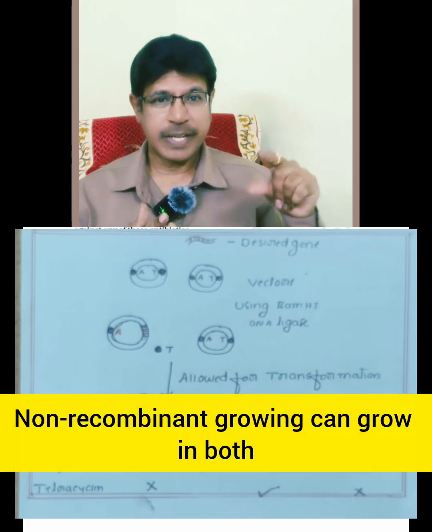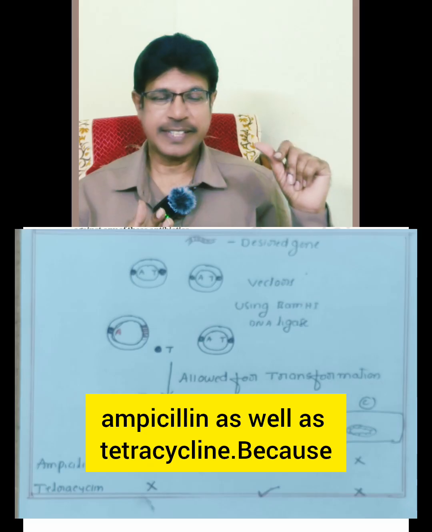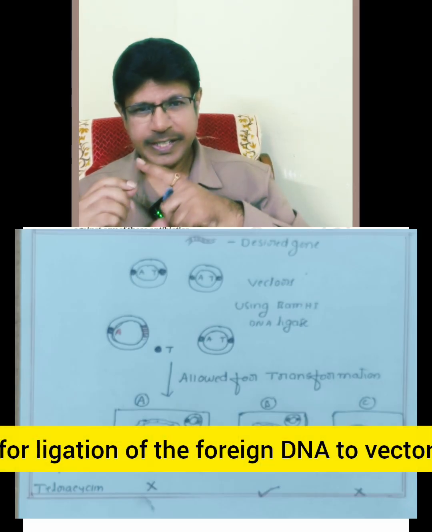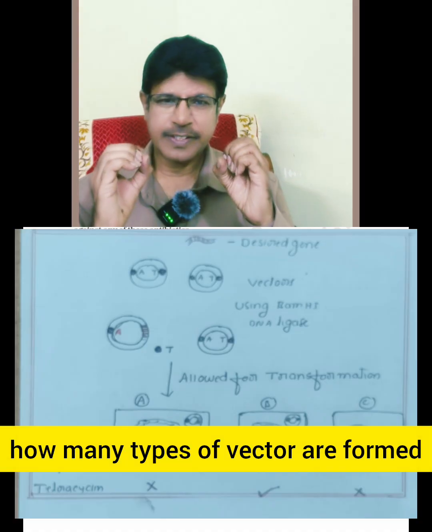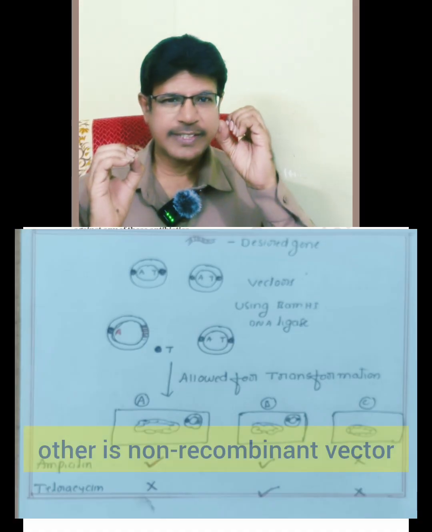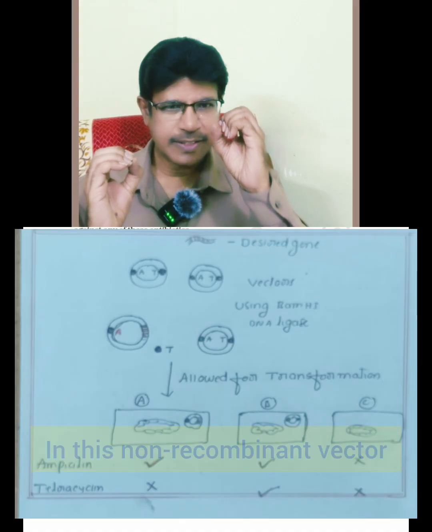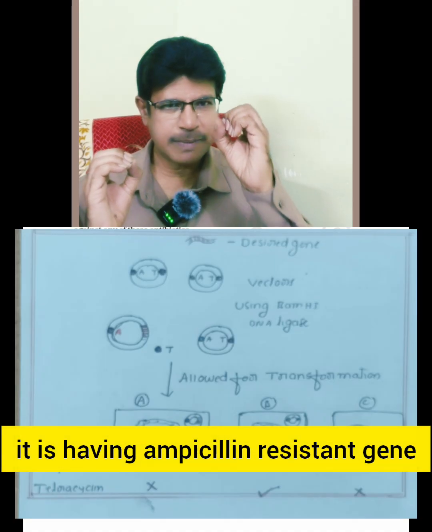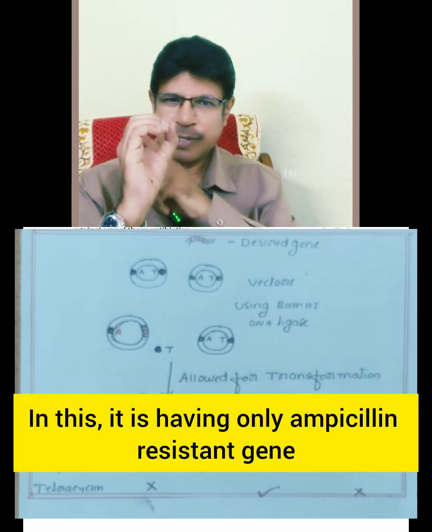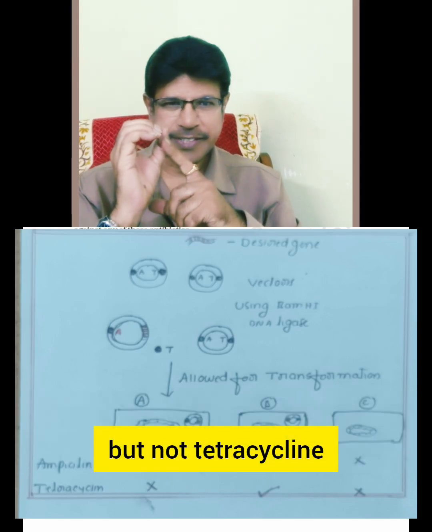Non-recombinant can grow in both ampicillin as well as tetracycline, because for ligation of the foreign DNA and vector, how many types of vector are formed? Two types of vector. One is the recombinant vector. The other is the non-recombinant vector. The non-recombinant vector has the ampicillin resistance gene and the tetracycline resistance gene. The recombinant has only the ampicillin resistance gene but not tetracycline.